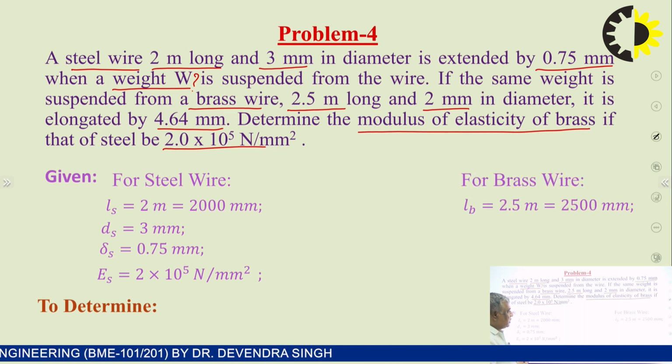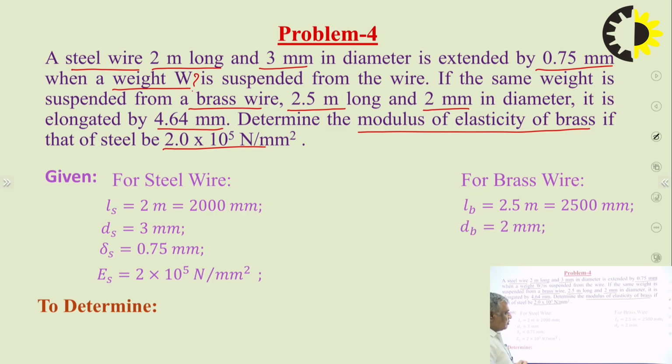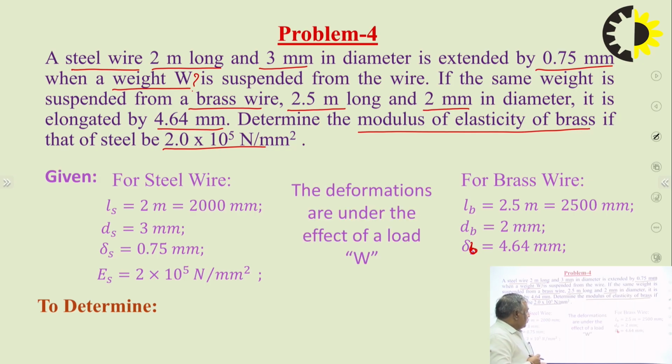For the brass wire, the length is 2.5 meter, that is 2500 mm, the diameter is 2 millimeter, and the elongation delta B is 4.64 millimeter. The deformations are under the effect of the same load W. So first, we should find W to determine the modulus of elasticity. We need to determine EB, the modulus of elasticity for brass.